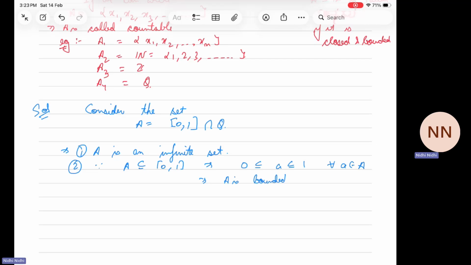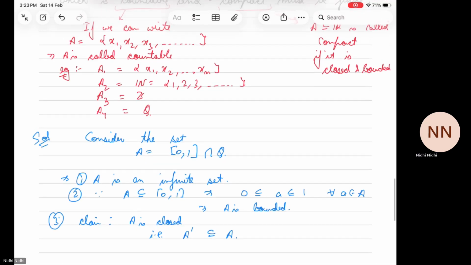Next, we will show that this is closed as well. Claim that A is closed. That is, A prime is contained in A. So any limit point of A must be in A.